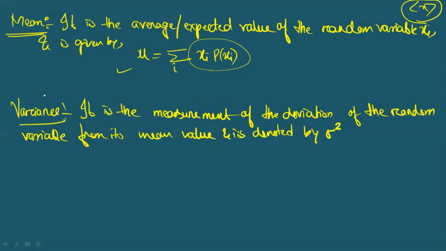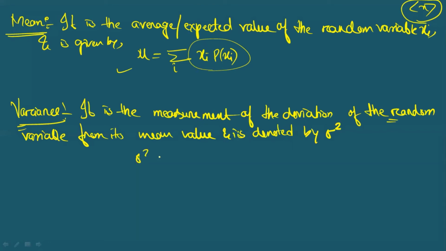So variance will give you the measurement of what? How much the random variable is deviated, or the difference of the random variable from its mean. This is what the variance will give.